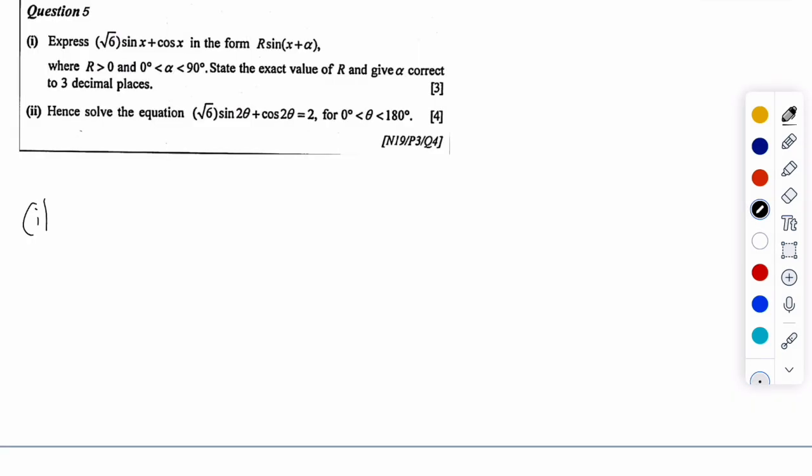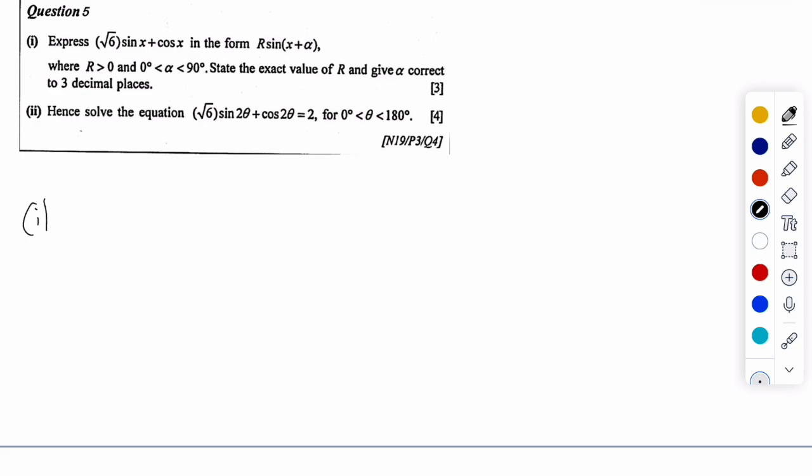All right, guys. Now for question 5i, it says express root 6 sine x plus cos x in the form r sine x plus alpha. So for this one, we're going to say the following.